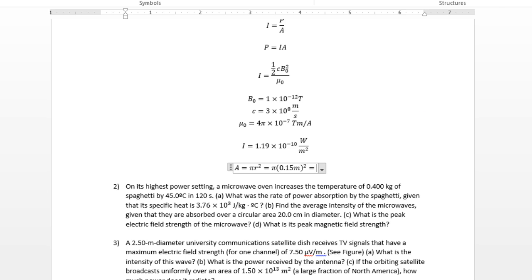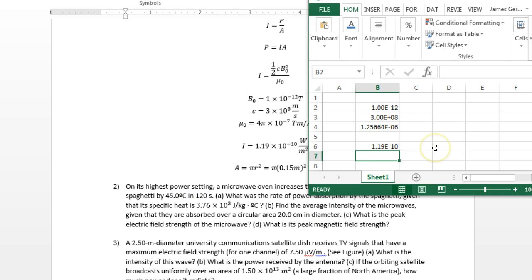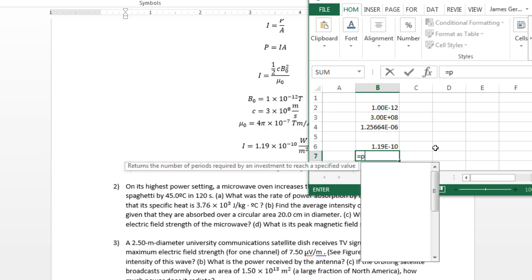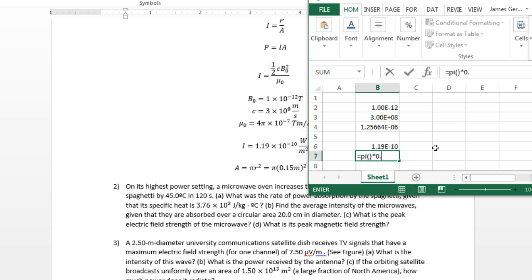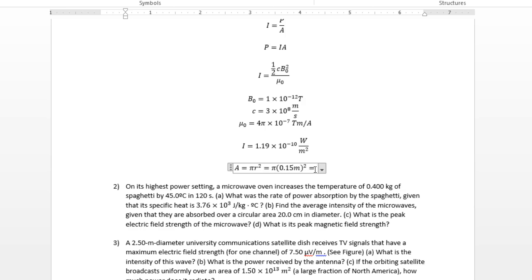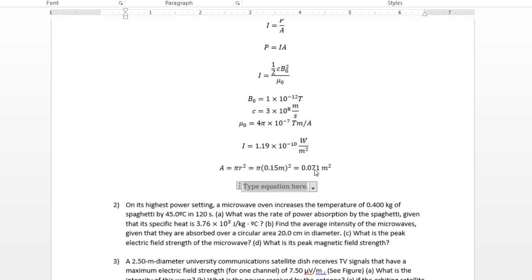So pi times 0.15 squared is our area, 0.071 square meters.